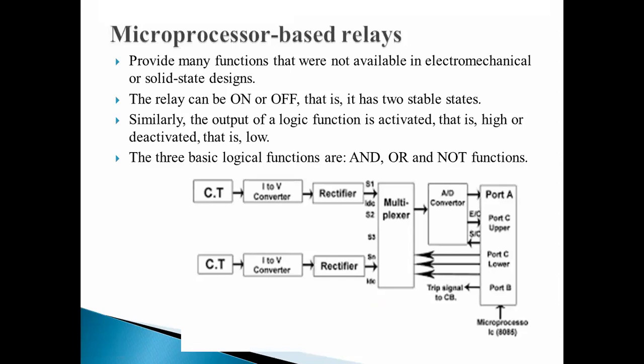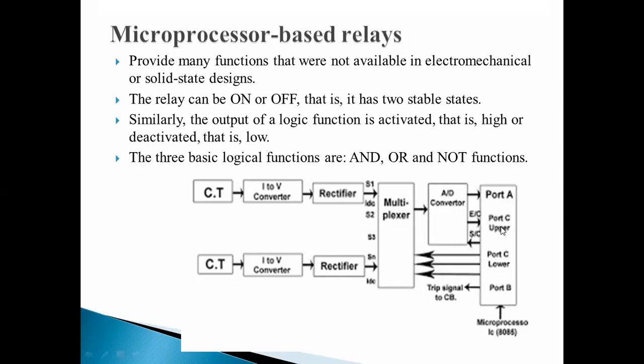Then this is the microprocessor based relay. These microprocessor based relays are important, and this is the very primary construction of this relay. Here we are using the current transformers, right? Then current to voltage converters, rectifiers, then multiplexer, A to D converter, and this is your microprocessor.